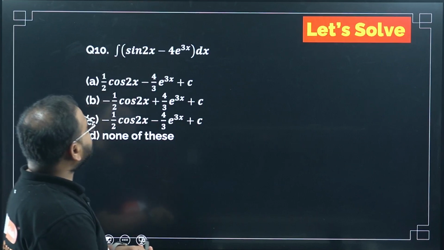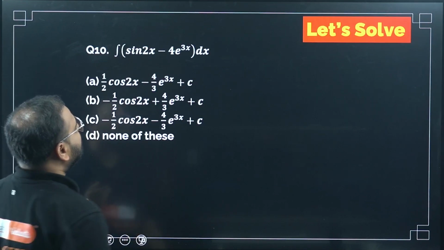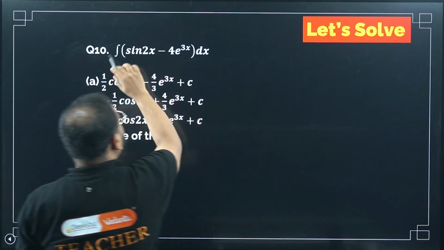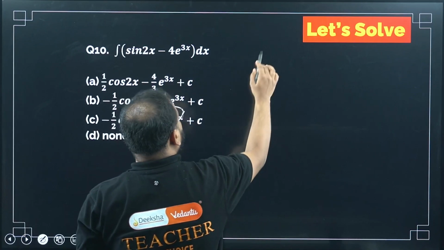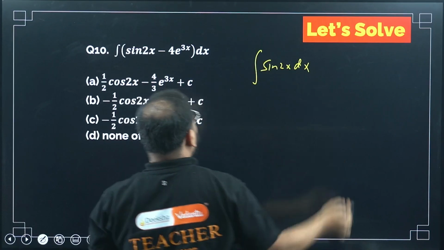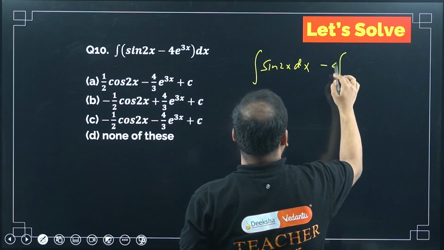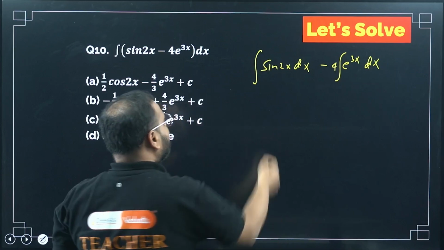Okay. Sin 2x minus 4 e power 3x. Again, very, very simple. No problem here, we can do it here only. So separate the integration for both the terms, first trigonometric, then exponential. Sin 2x dx, then minus 4 e power 3x dx. How will I do this?